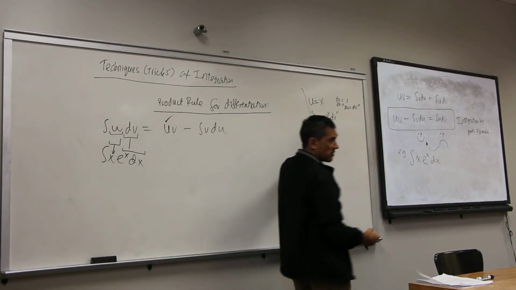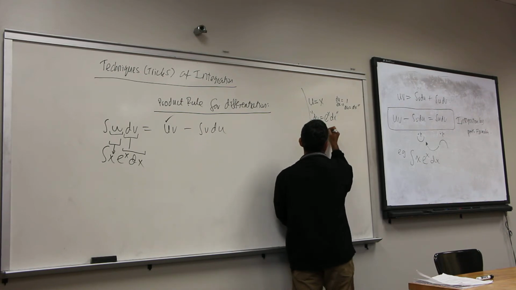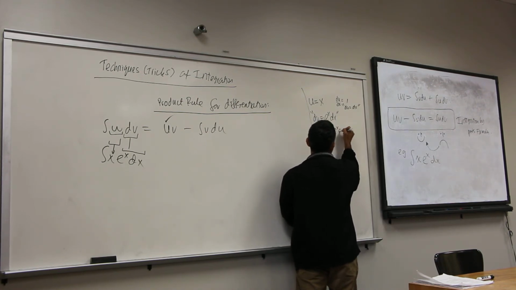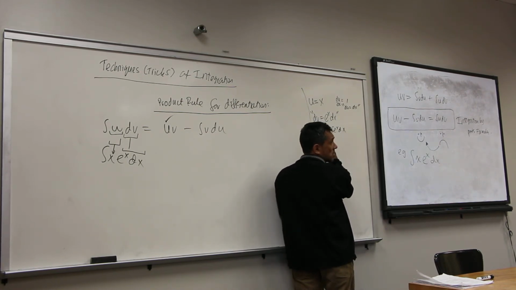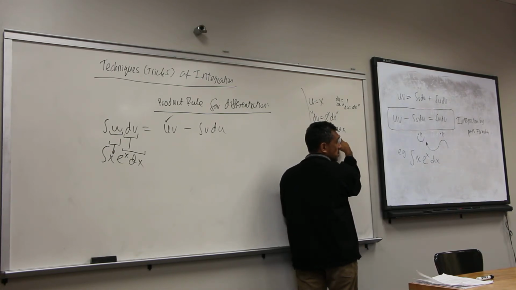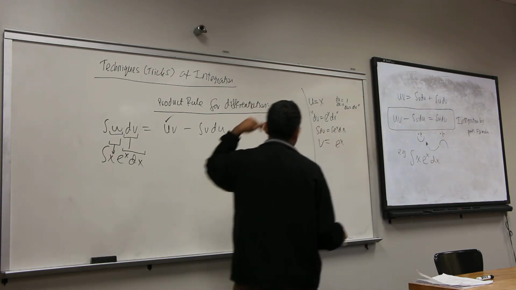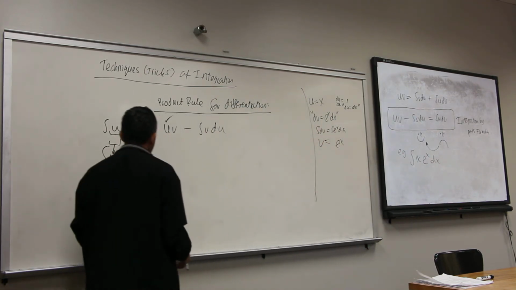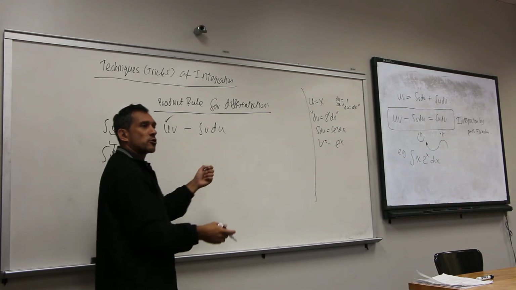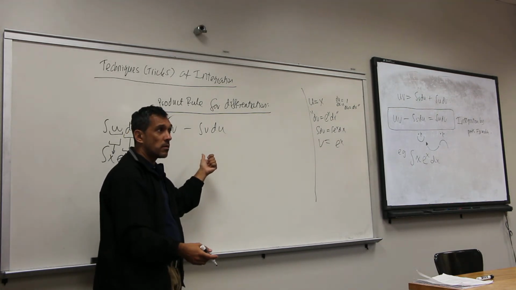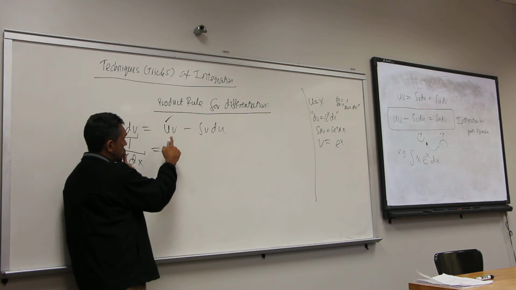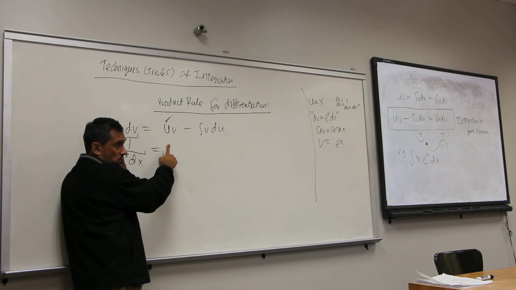What is v? e to the x. Plus c? No, don't worry about the c when you do integration by parts. You do it at the end. I'm ready to rock and roll now. What's u? x.